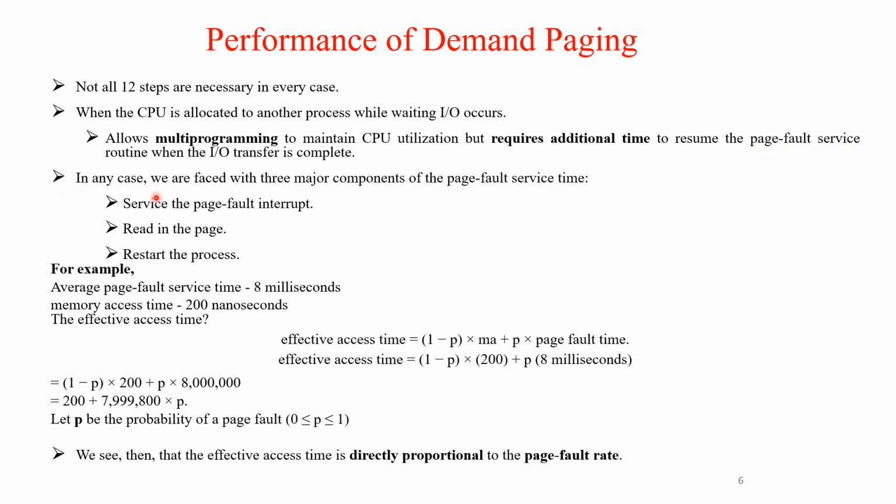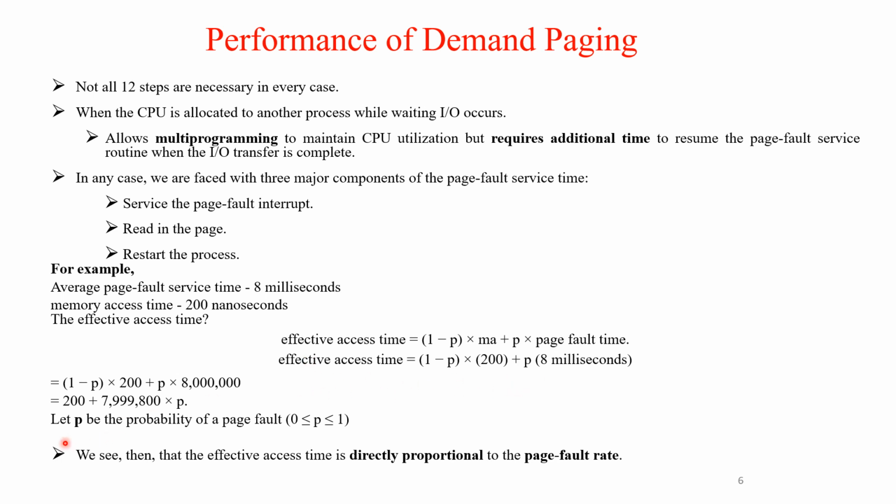So in any case, we are faced with three major components of the page fault service time: one, the time to service the page fault interrupt; two, the time for reading the required page; and three, the time to restart the process. For example, if the average page fault service time is 8 milliseconds and the memory access time is 200 nanoseconds, then the effective access time is calculated using the formula that we have discussed.